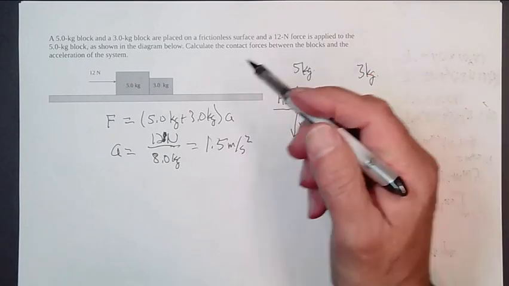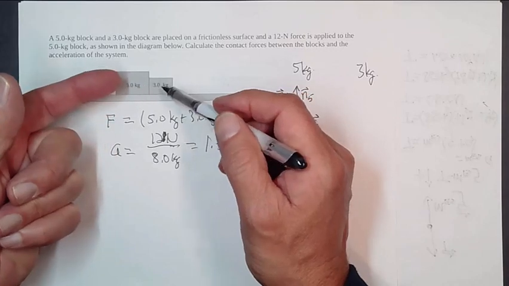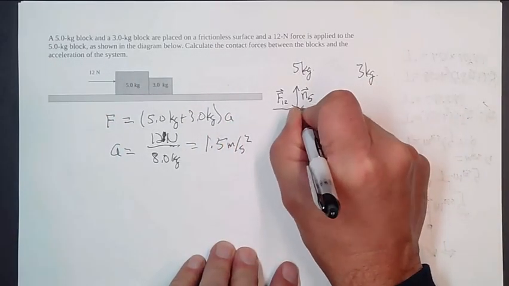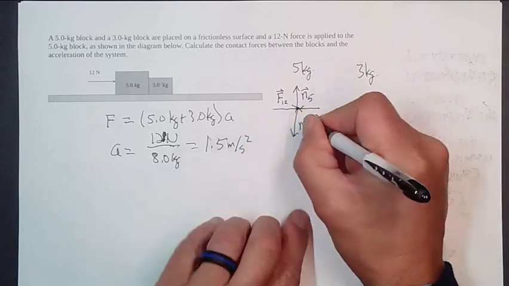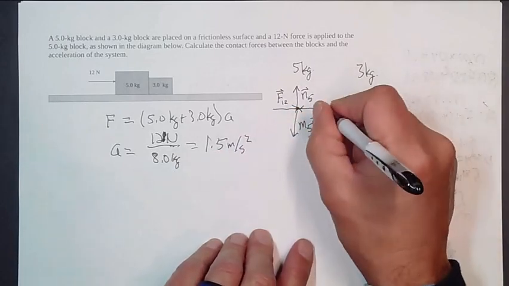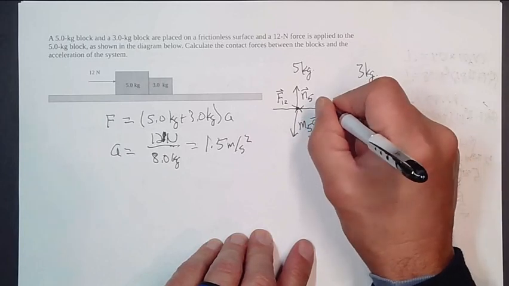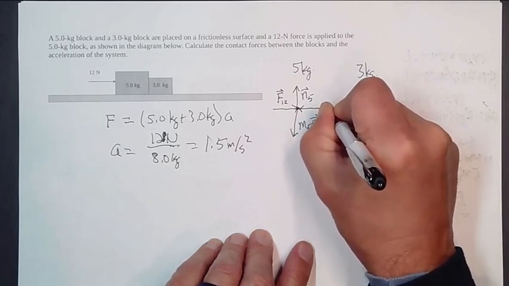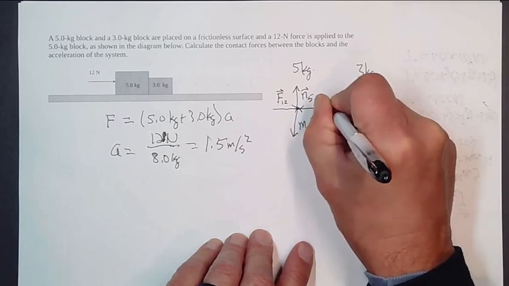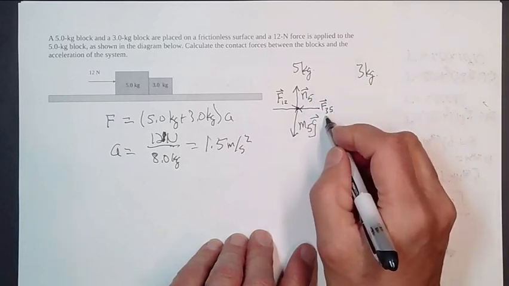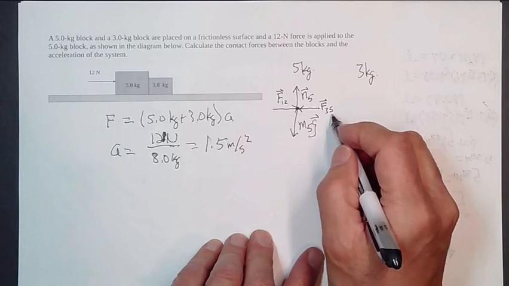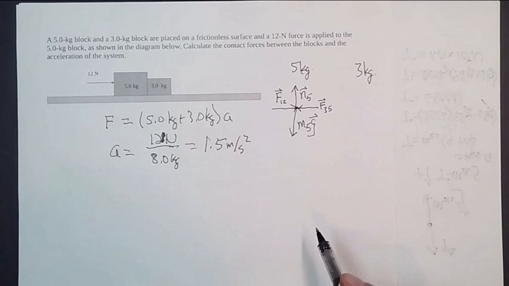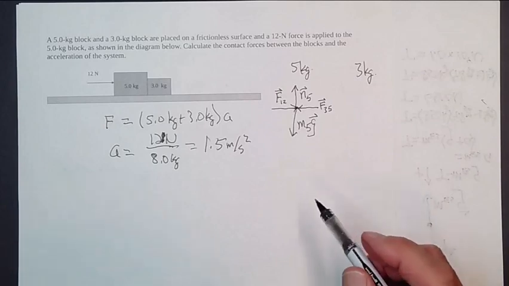And there's a contact force between the 5 and the 3, and I'll write that. Now, usually I put the tails on the dots, but I'm just sort of indicating this from where it's acting. This would be the force of, I'm going to write it as 3,5, the force of the 3 kilogram mass on the 5 kilogram mass. And it's that combination of forces that produces the acceleration.